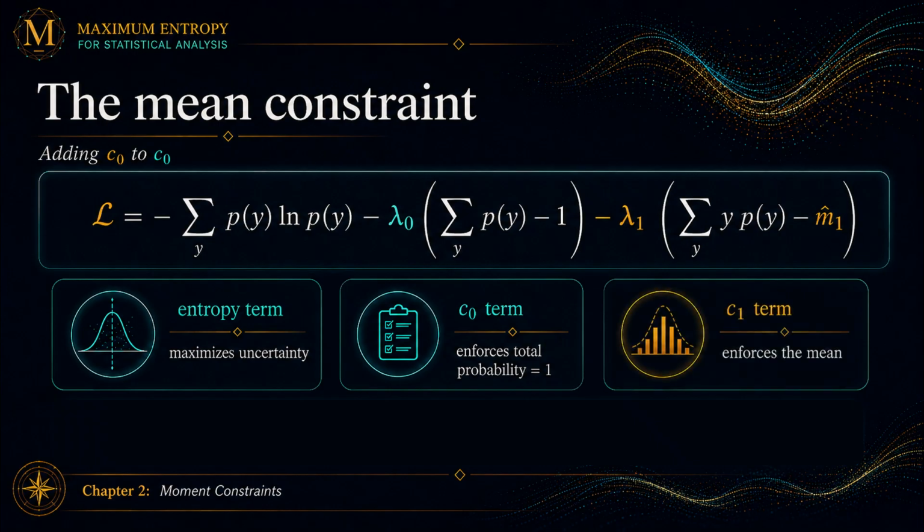So think about what this is doing. This constraint is saying that the theoretical constraint, the sum of y times p of y, which is just the theoretical mean of the distribution, minus the sample mean is 0. That's all that's happening here.